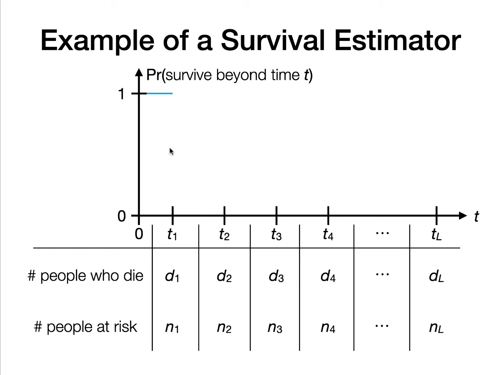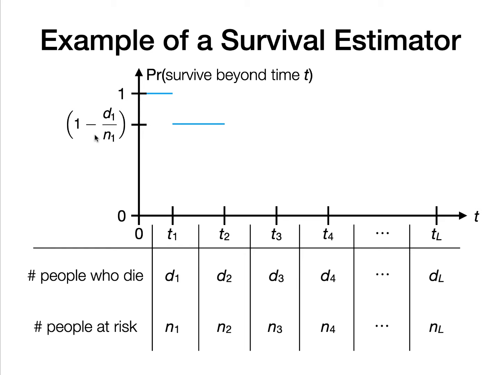Okay? And then the probability of dying at time t1 is d1 divided by n1. And so the probability of not dying at time t1 is 1 minus d1 divided by n1. Okay? And so the probability of surviving beyond time t1 is going to be this 1 minus d1 divided by n1.